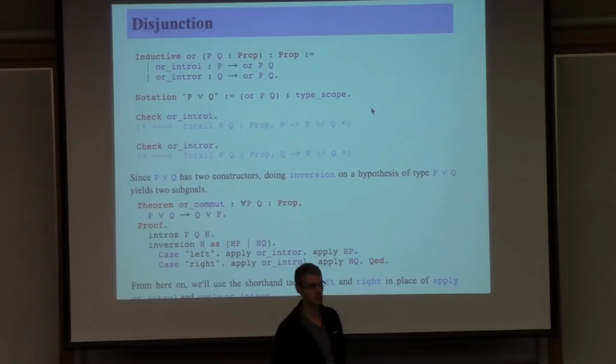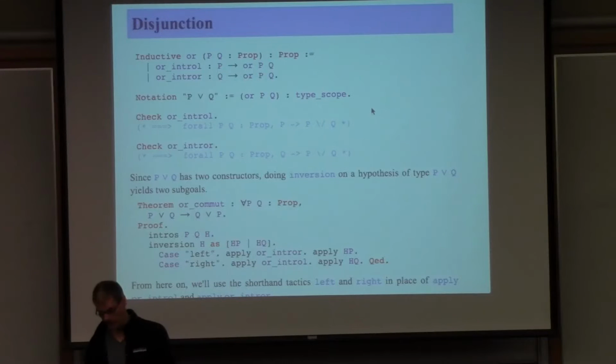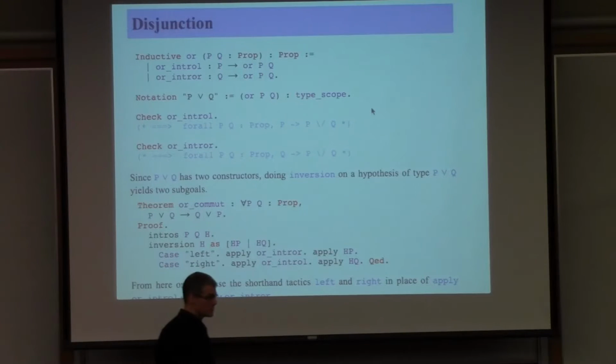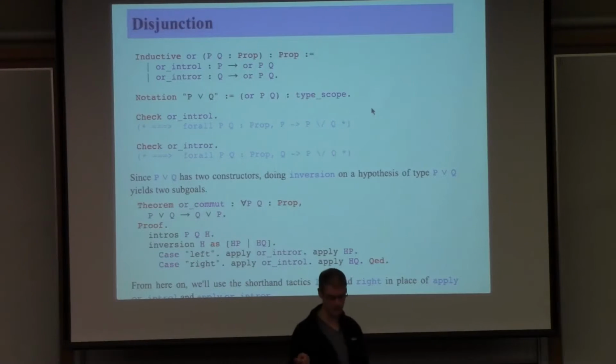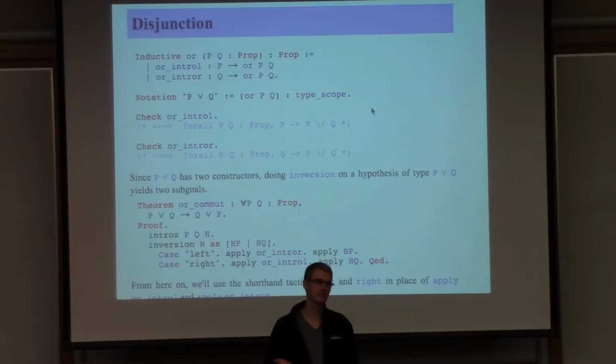Okay, what about disjunction? Well, disjunction is an inductively defined proposition with two constructors. There are two ways of proving P or Q, either give evidence for P or give evidence for Q. So there are two constructors, one that takes evidence for P and one that takes evidence for Q. And now the rest of the story is kind of what you would expect.